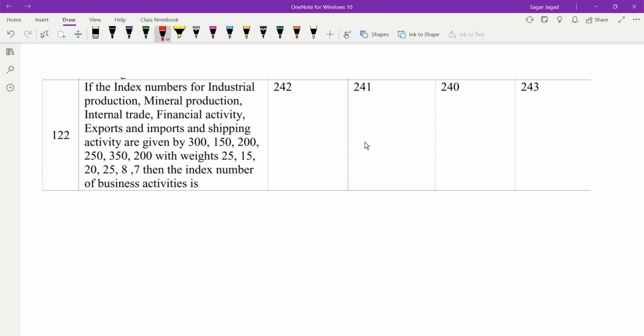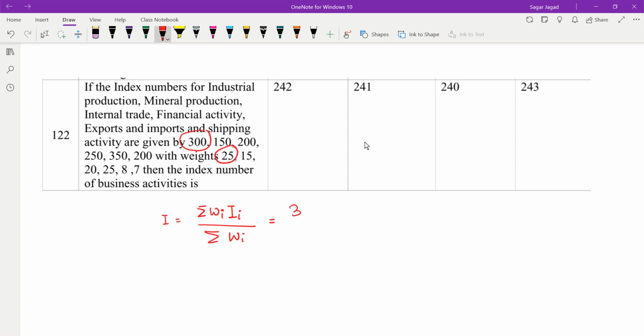So we are supposed to use the weighted index number formula. That is nothing but summation of WI, the weight times the index number for the particular commodity, divided by summation of W. This formula we are supposed to use to get the index number. So how will you do this? For the index number 300, the weight is 25.